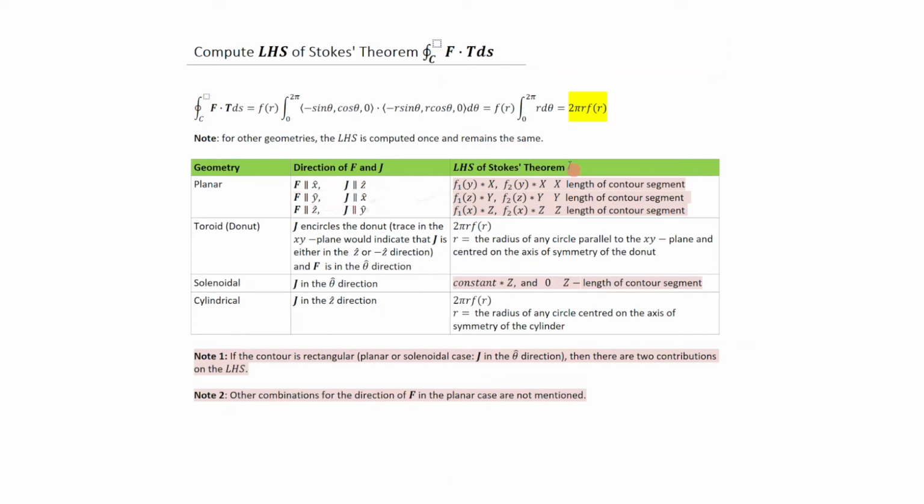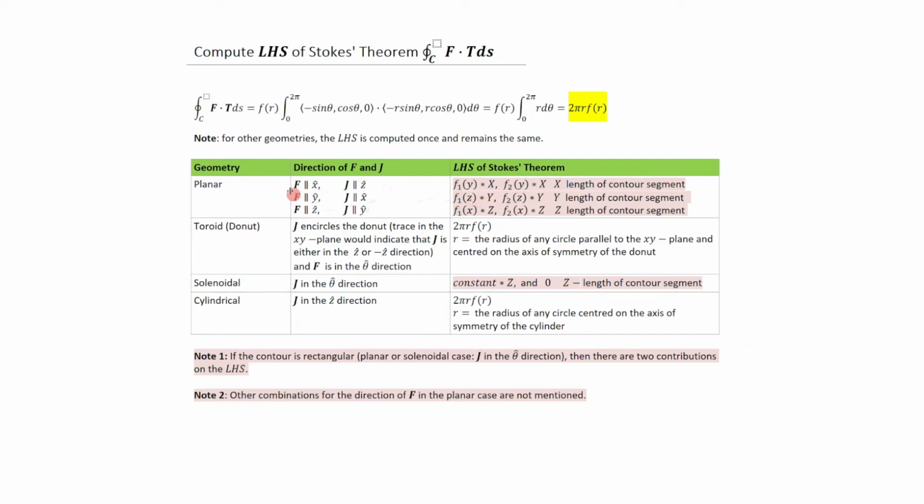And then the left-hand side of Stokes' theorem will take on this form. So it'll be a function of y times x. x is the length of the contour segment on one side, and F2(y) dot x, F2(y) being on the other side of the contour. Again, in this case of planar, the contour will be a rectangular form, so there'll be 2 sides, basically, which have to be computed.